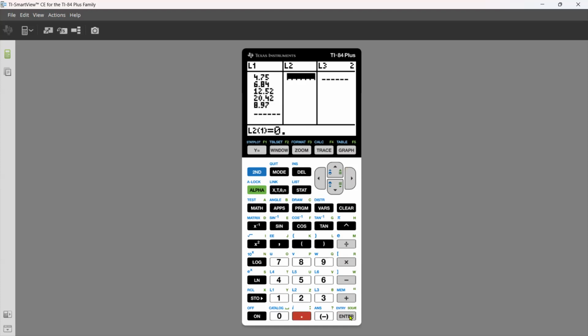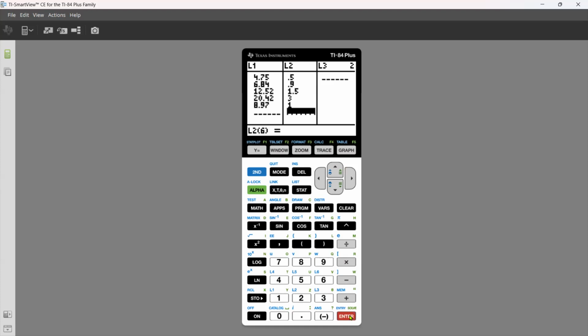You can just enter the decimal. You don't need the leading 0. Then 90 cents, $1.50, and $3, and $1.